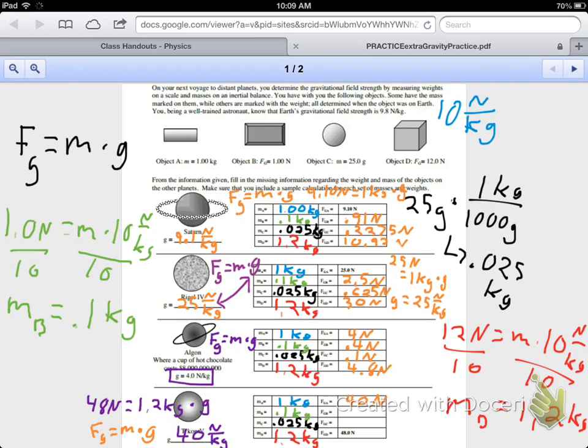For mass B, 0.1 kilogram, we'll multiply that by the same 40 newtons per kilogram, and we will get 4 newtons. And the last one, we have 0.025 kilograms, multiply that by 40 newtons per kilogram, and we will get 1 newton. That is the Gravity Across the Universe practice sheet.